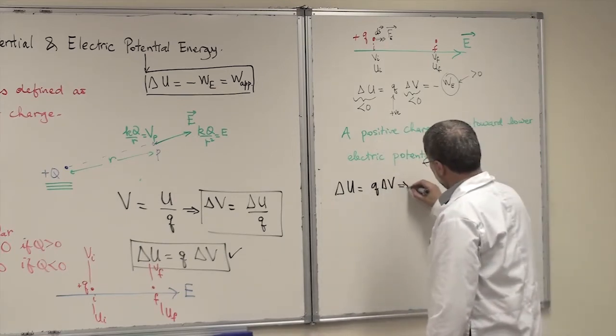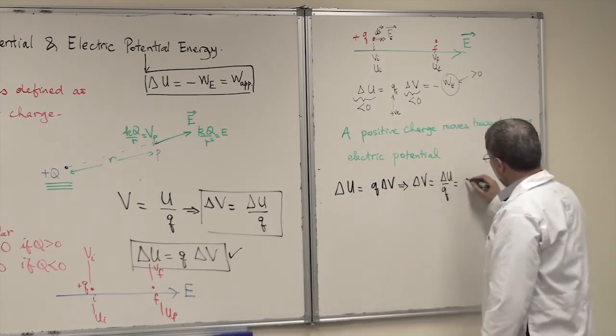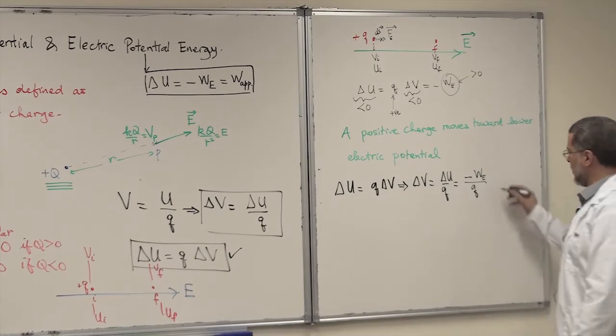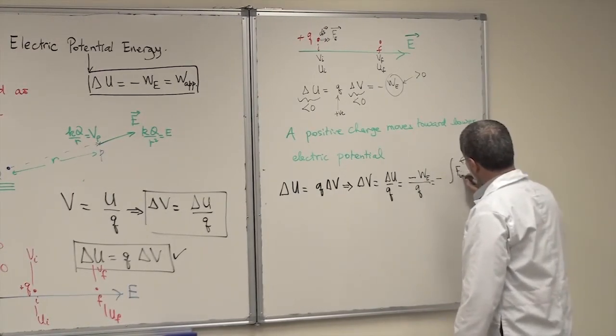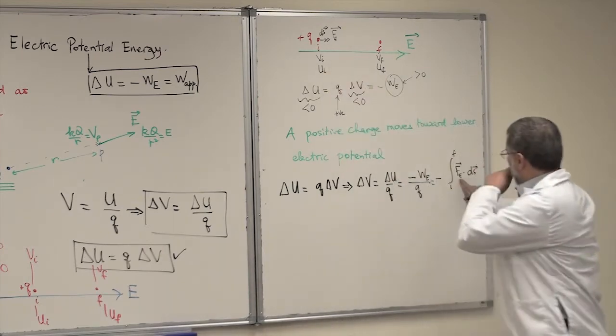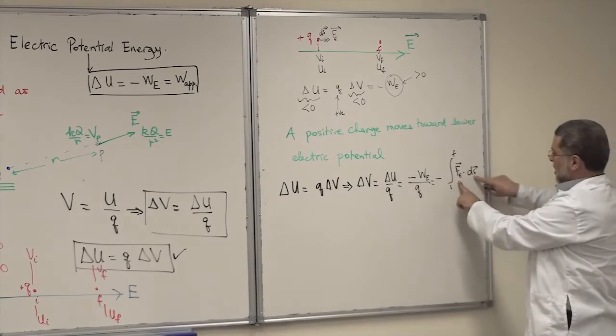So here I can find that delta V is delta U over Q, right? But delta U is minus the work of the electric field over Q. All these things you should know, my son. And the work done by the electric field is the integral of Fe times ds between I and F. What is the angle here between ds and F? It's 0, so the cosine of 0 will give me 1.